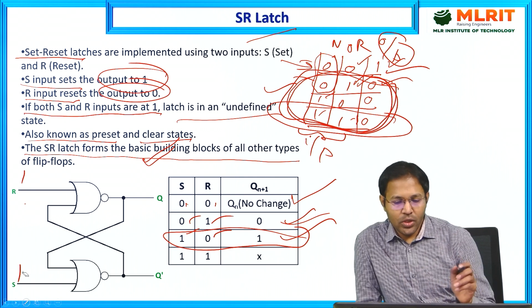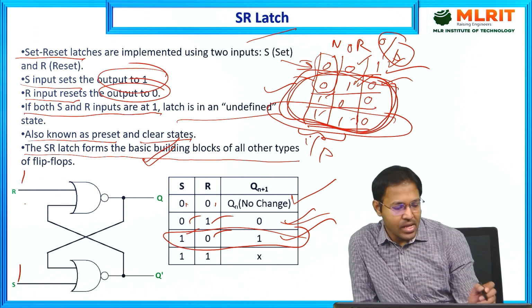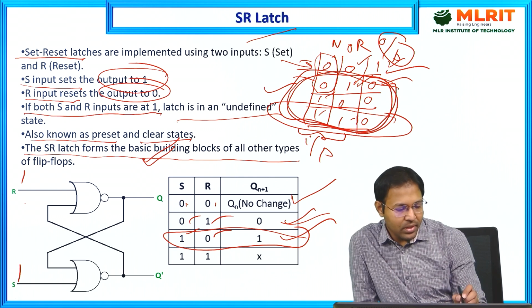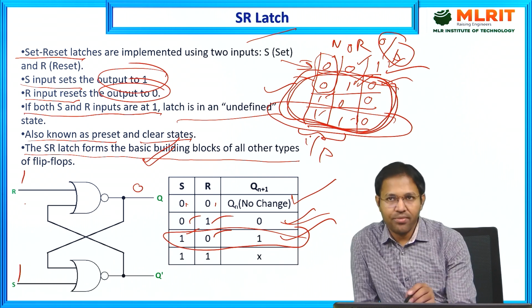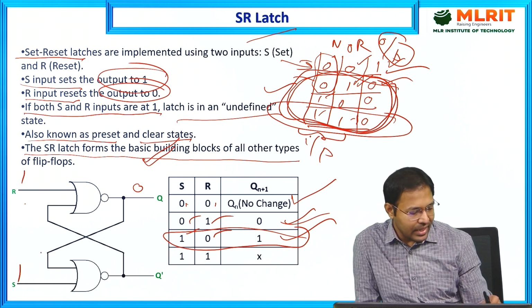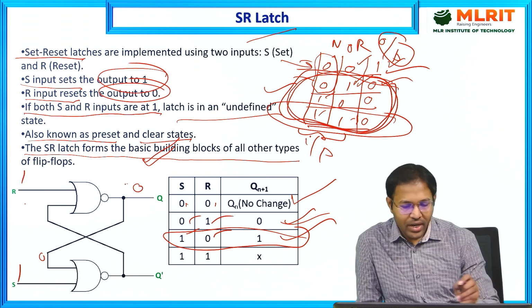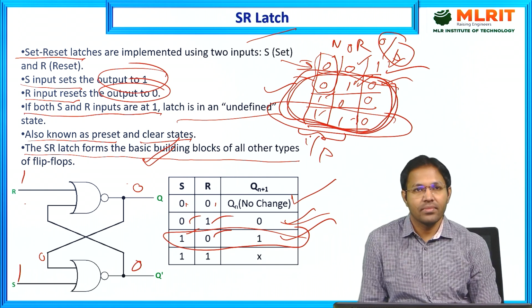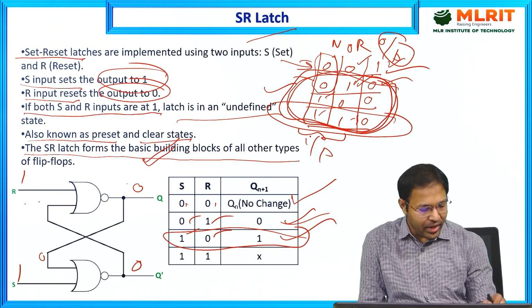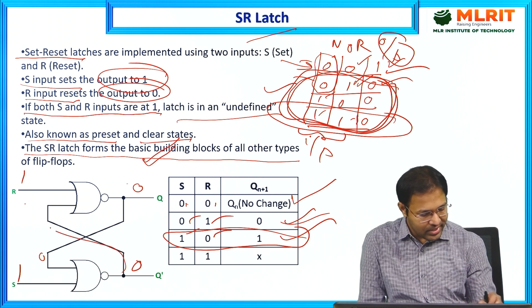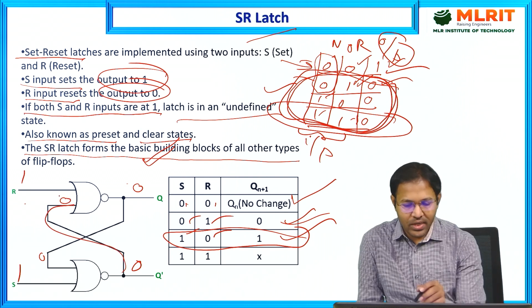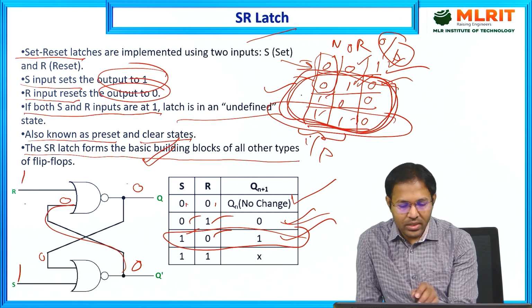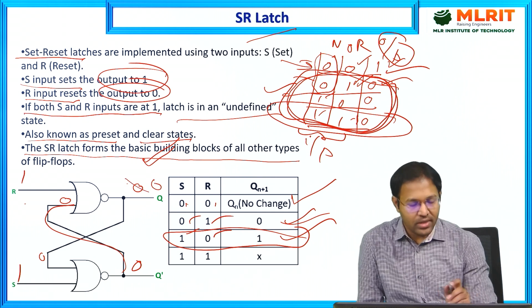Okay. So, here now if we assume that we have a 0 here, then 0, 1 is going to give us a 0 here, and 0, 1, the same 0 is propagated here, 1, 0 is going to give us a 0 here.